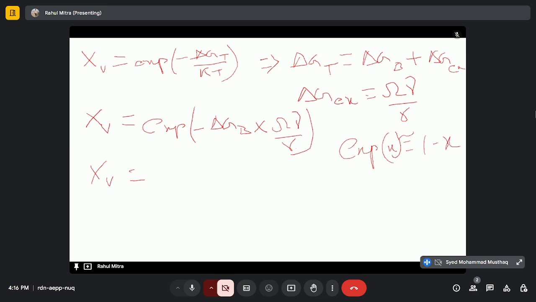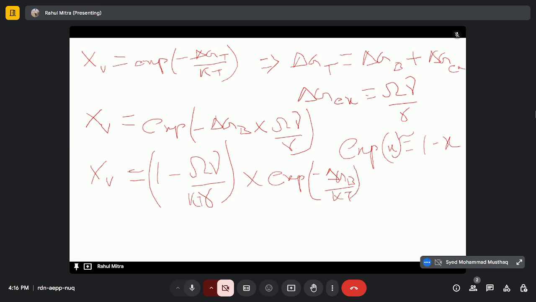So if you define it like that, then it will be 1 minus, or equals kT.